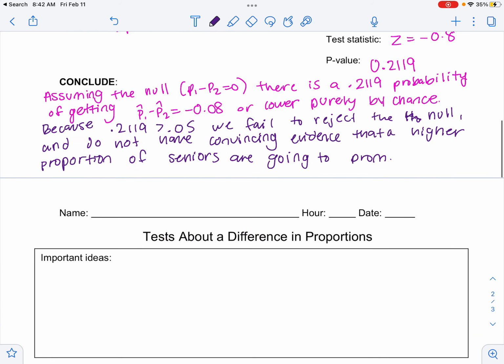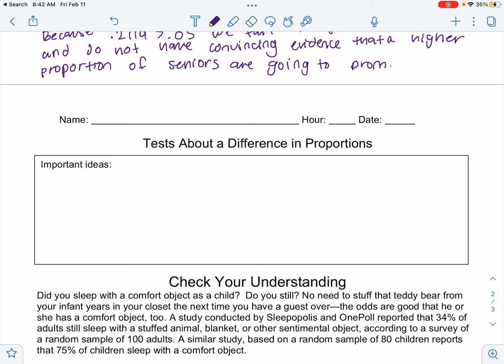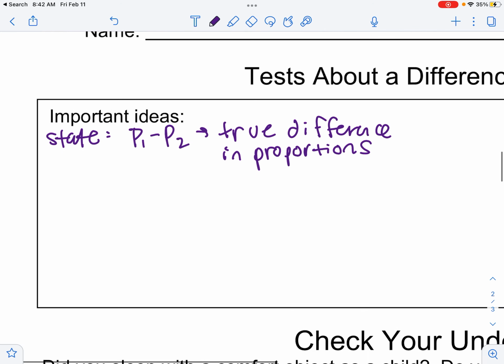For the important ideas, we're going to just go through what we do for state, plan, do, conclude, starting with state. We are first going to state our direction, p1 minus p2, and label that this is the true difference in proportions. We are also going to state our null hypothesis, which is always that p1 minus p2 equals 0.